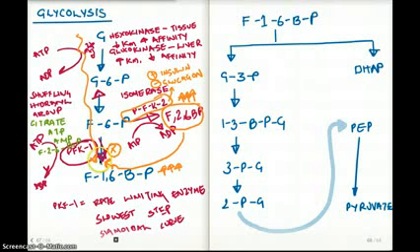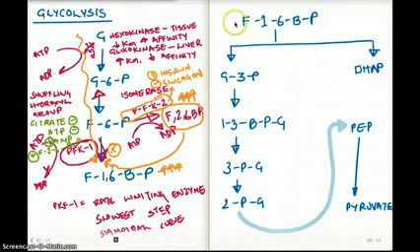For PFK1, the regulators are citrate, which has a negative effect on PFK1, ATP, which has a negative effect on PFK1, AMP, which has a positive effect on PFK1, and fructose 2,6-bisphosphate, this product right here, which also has a positive allosteric effect on PFK1. So those were the regulators for PFK1.